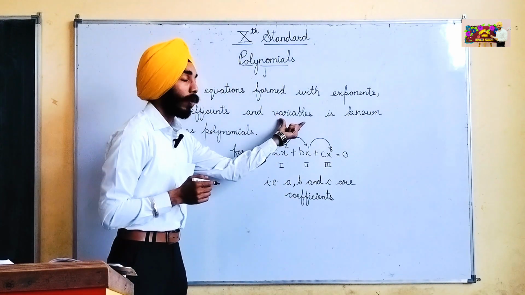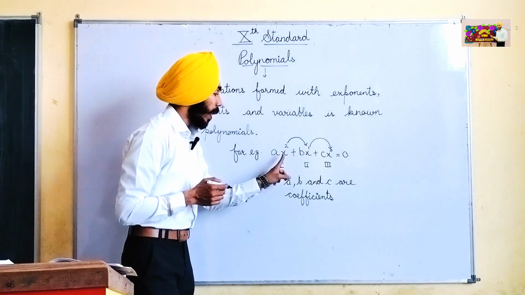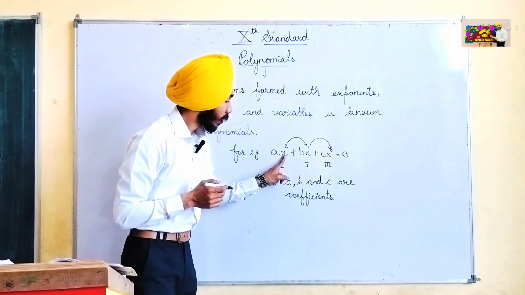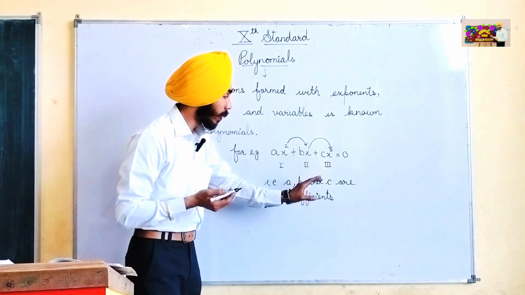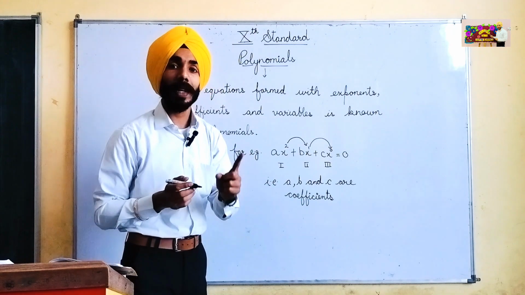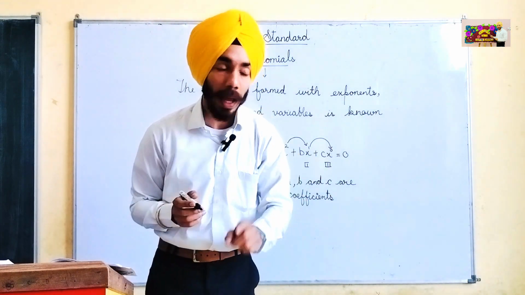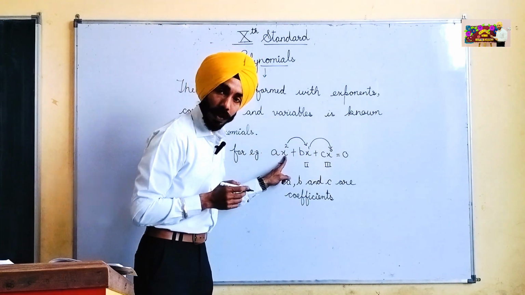Now, what are variables? X is a variable. This is also variable and this is also variable. It means this polynomial is in one variable and that is x.